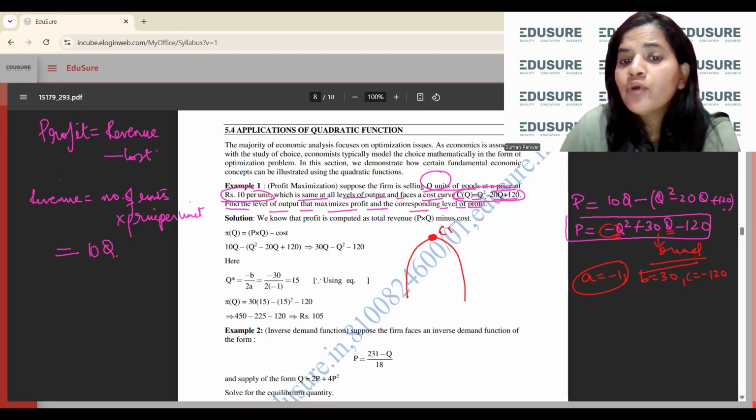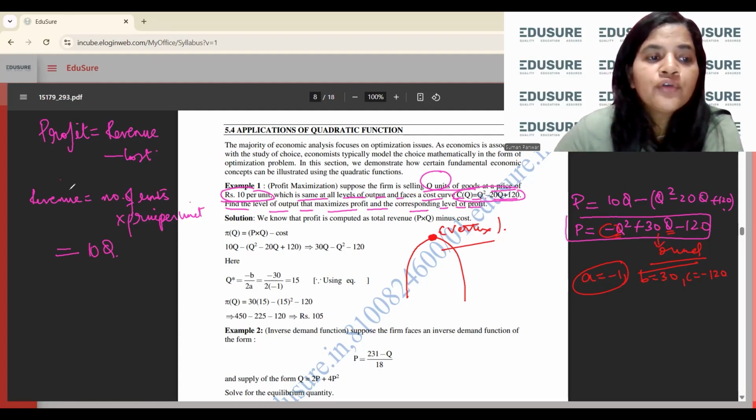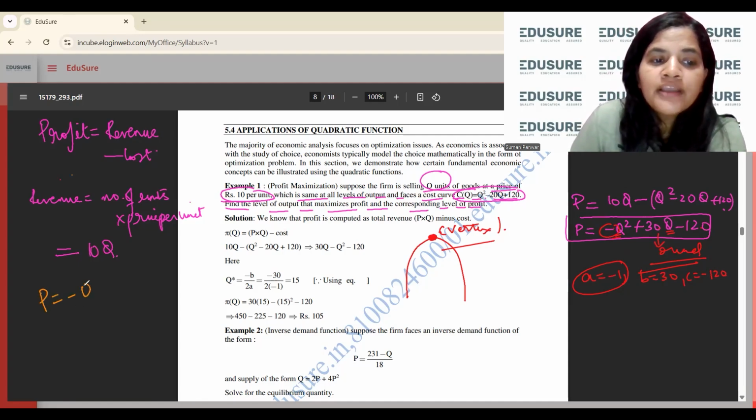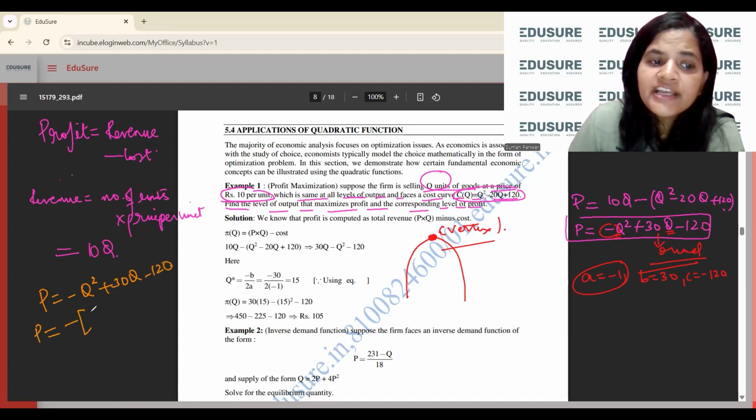Now I want to know what is the vertex. So let us convert this into vertex form. So how do we convert into vertex form? Of course, there is a direct formula for it, but let us go by logic. So P is equal to minus q square plus 30q minus 120. And this is going to be, let's take the negative sign common, q square minus 30q plus 120.